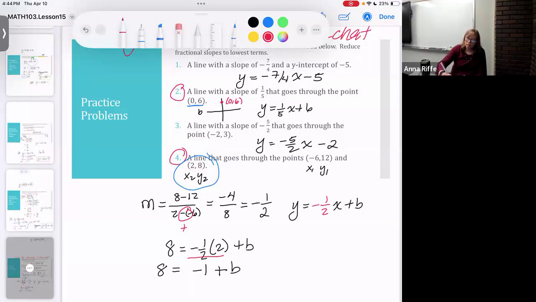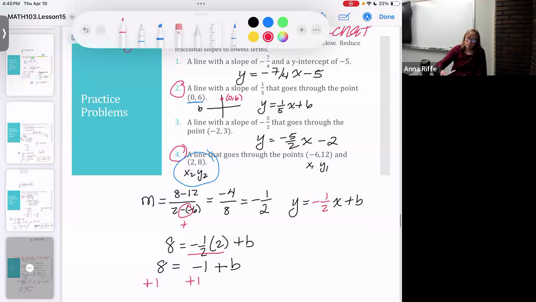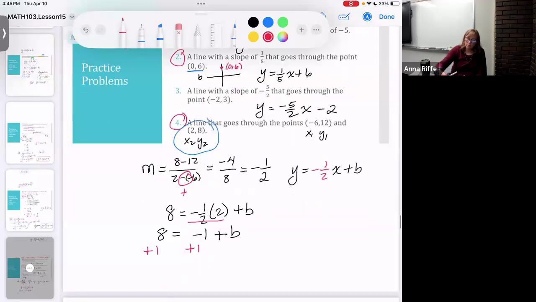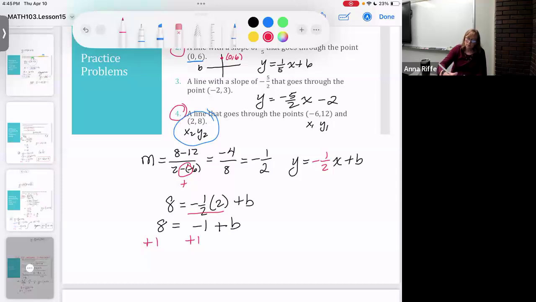I am going to now isolate b by adding 1 to both sides. That gives me that b is equal to 9. Therefore, my equation becomes y is equal to negative 1/2 x plus 9, and we're done.